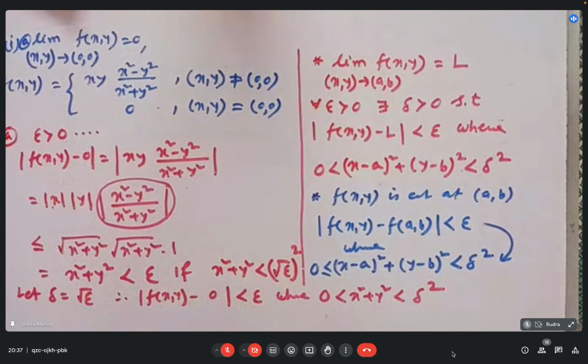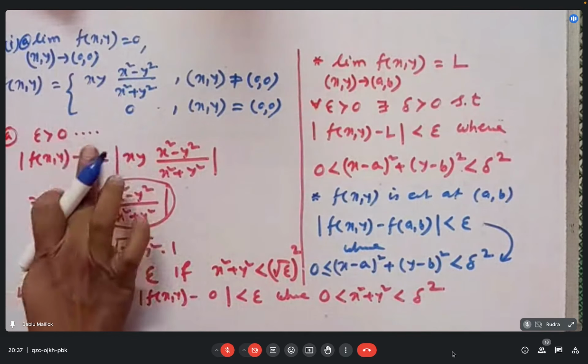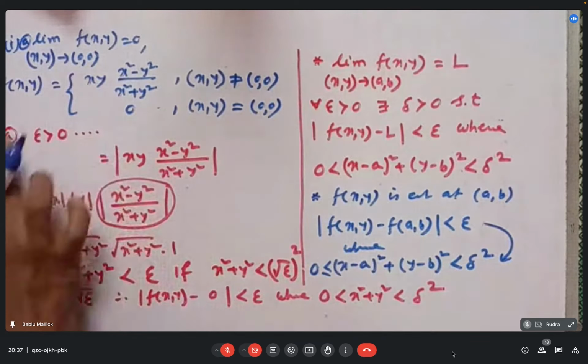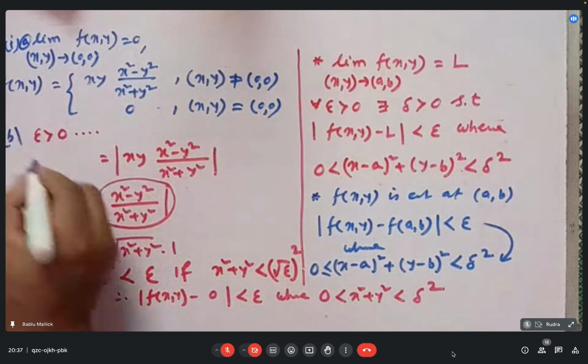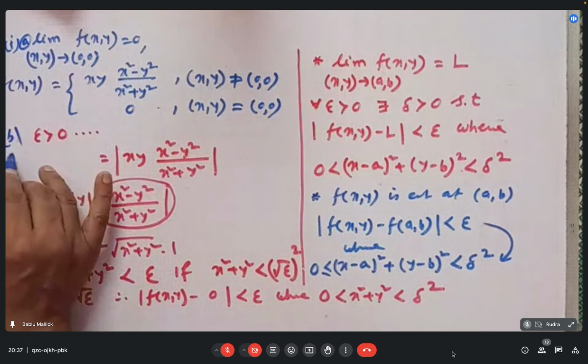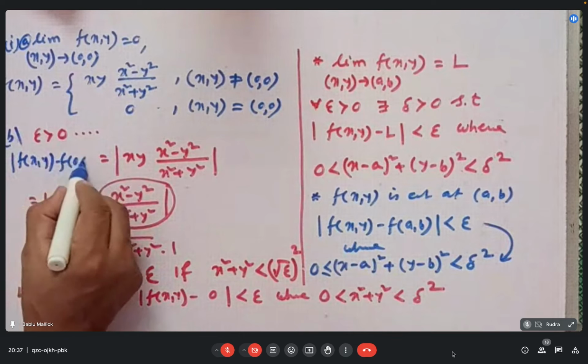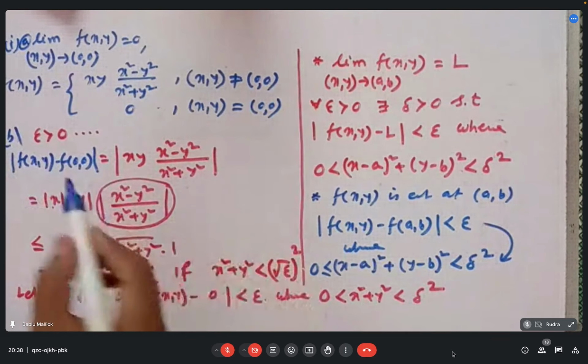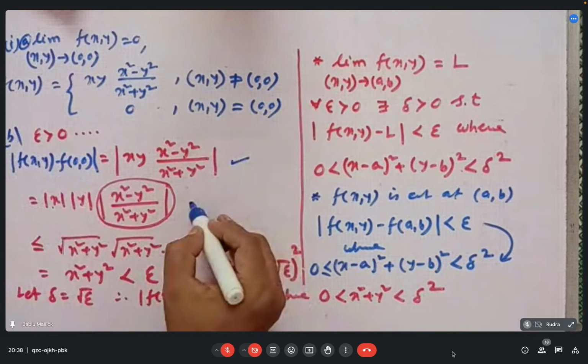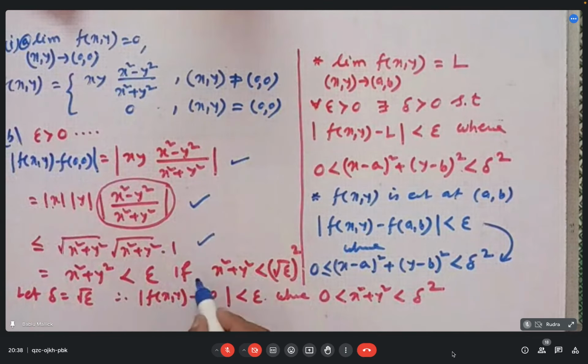Now if you want to solve the question of continuity, what will be changed? We shall just change here. This is solution B. Here I shall write |f(x, y) − f(0, 0)|. It will ultimately be the same thing, and you will write the same thing.